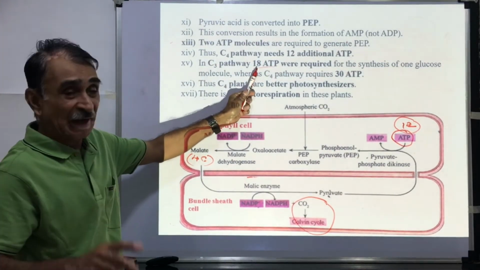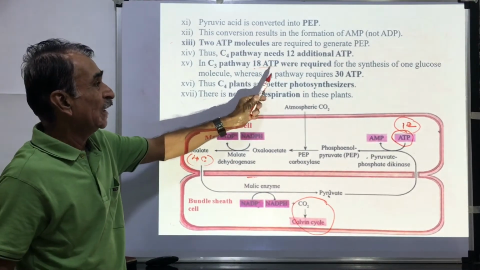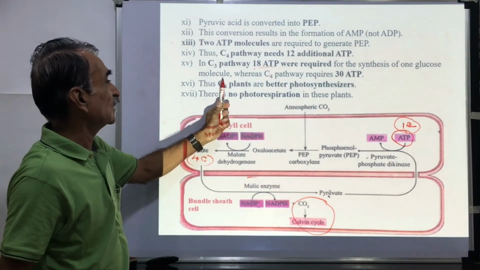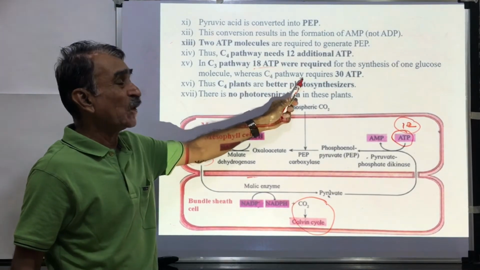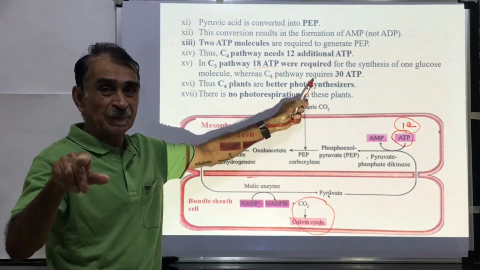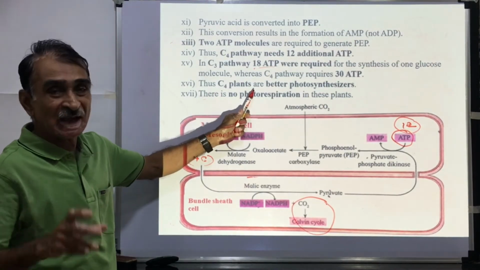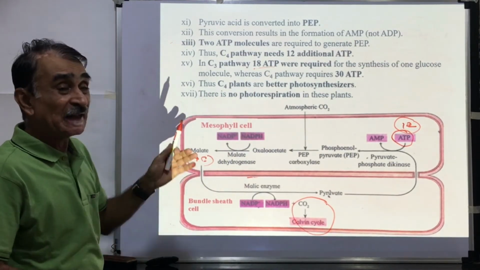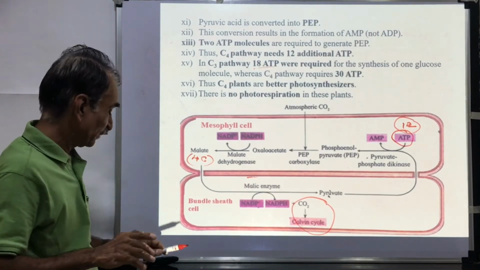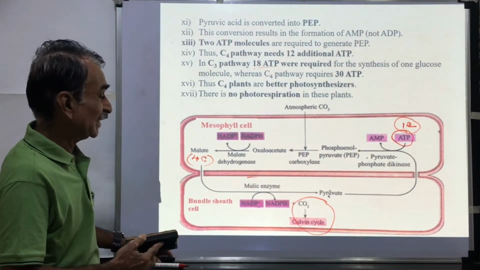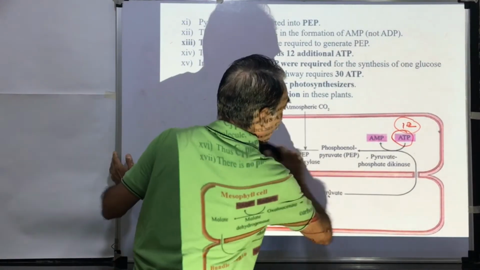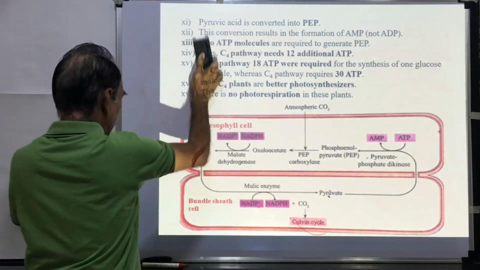In C3 pathway, 18 ATP were required for the synthesis of 1 glucose molecule, whereas C4 pathway requires 18 plus 12 ATP molecules. Thus, C4 plants are better photosynthesizers. There is no photorespiration. This is about the HSK path or C4 pathway.